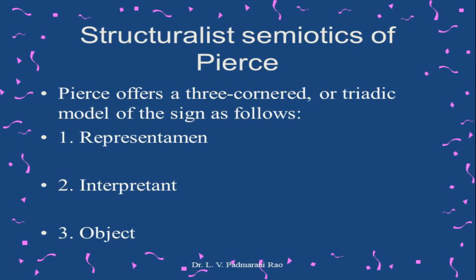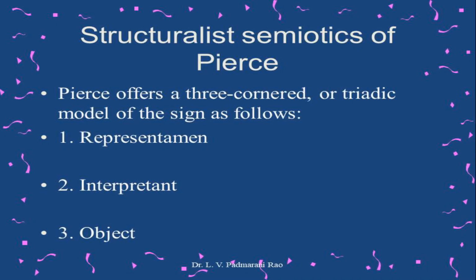What he means by representamen is the form the sign takes, material or immaterial, like sounds, writing, a painting, a gesture, a word, etc. This is the equivalent of the Saussurean signifier. It is also sometimes described as a sign vehicle.